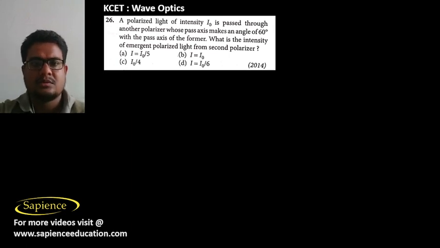Then it is told polarized light of intensity I0 is passed through another polarizer whose pass axis makes an angle of 60 degree with the pass axis of the former. What is the intensity of the emergent polarized light from the second polarizer?